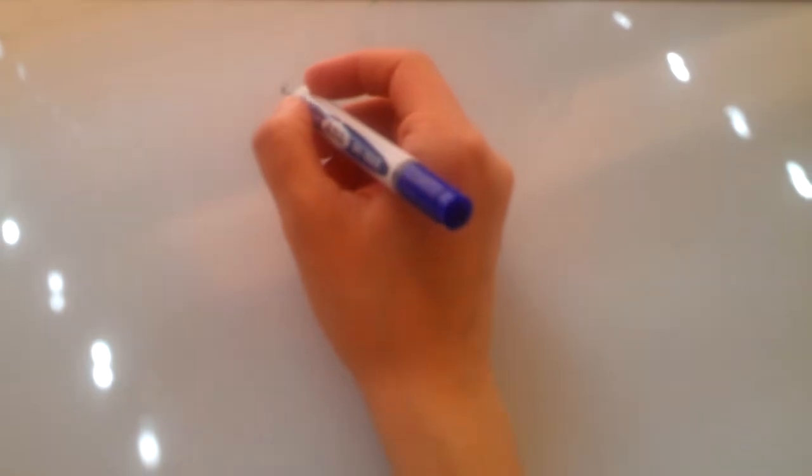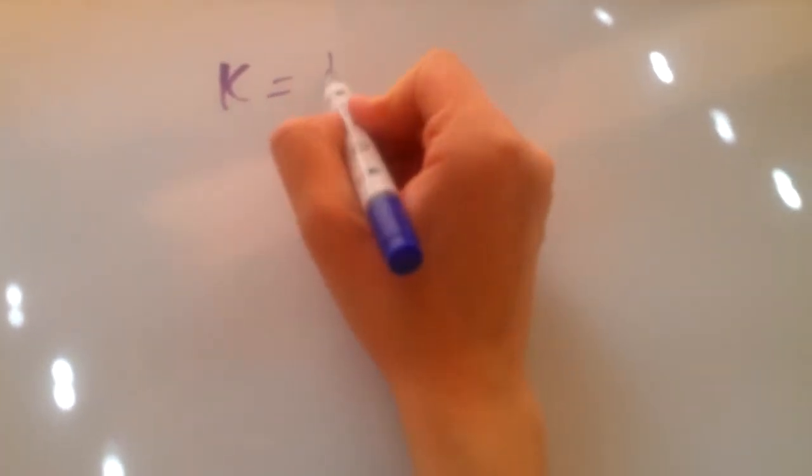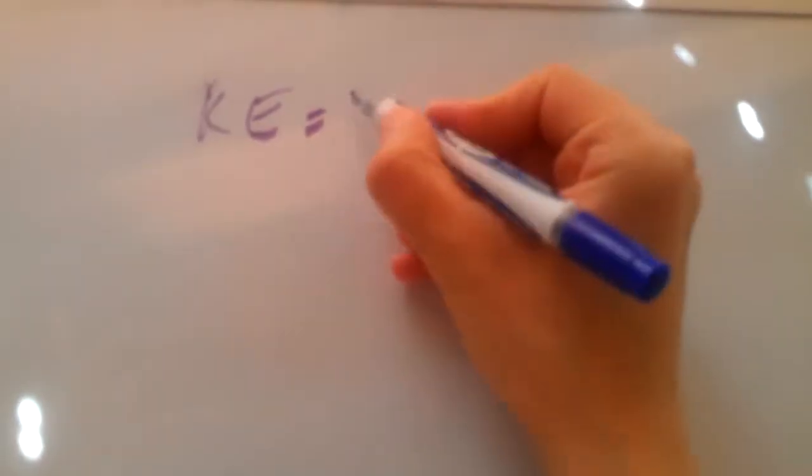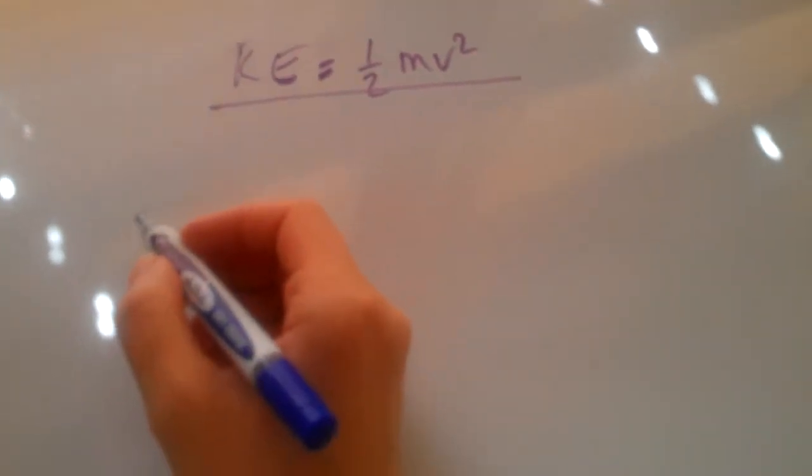Hi everyone. In this video I'm going to do problems that involve kinetic energy. Let's recall that kinetic energy has the form of a half mv squared, and so let's begin.